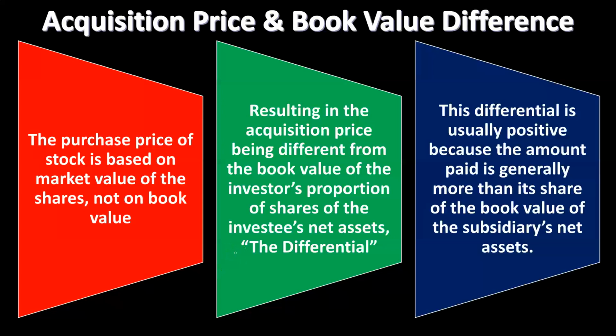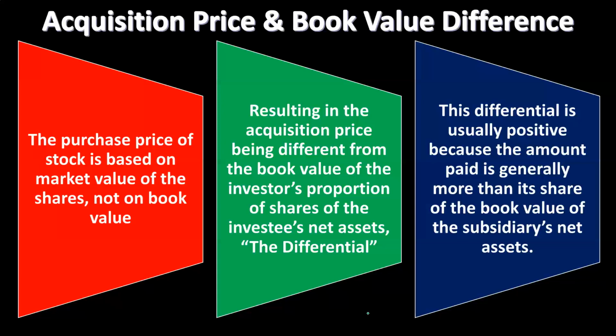The differential is usually positive because the amount paid is generally more than its share of the book value of the subsidiary's net assets. So almost all the time, if there's a purchase taking place, you can imagine P purchasing 100% of the shares of S. Almost never is the purchase price less than the assets minus liabilities.